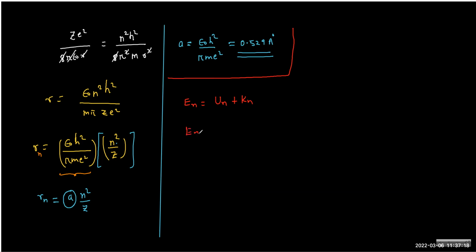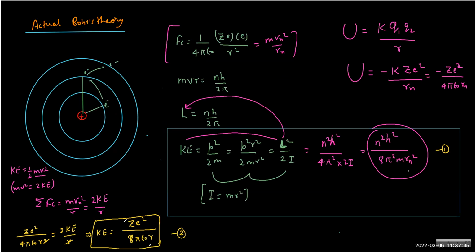In basic, Un is minus 1 upon 4 pi epsilon naught Ze square by r. That's fine. And in fact, kinetic energy we also got as a function of r. This is the answer: Ze square by 8 pi epsilon naught r.